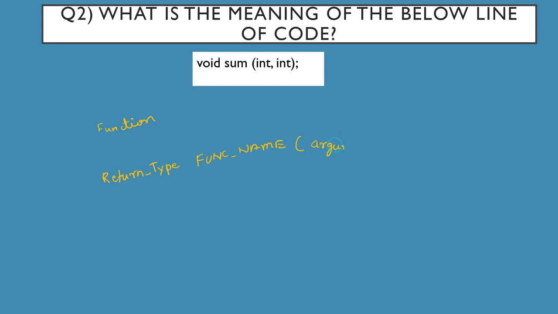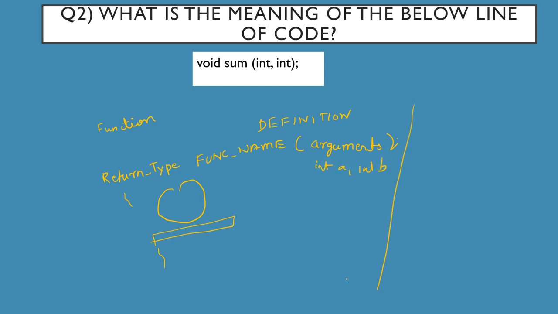Then this will be the end, and if you have a return statement, you can mention it. So this is the function definition, that means you're defining how the function works. Here, if you want two int arguments, you need to mention int a and int b.